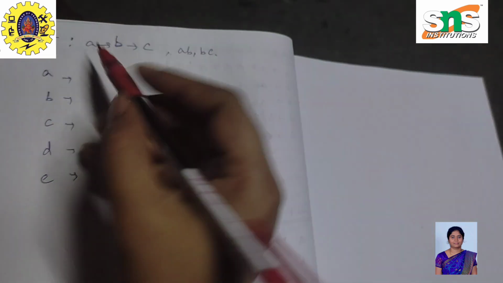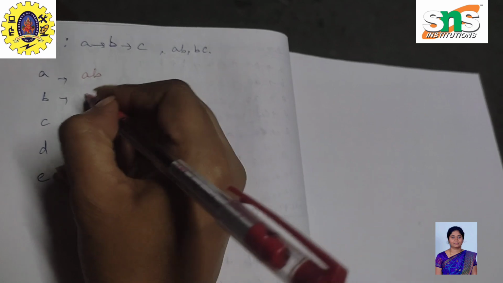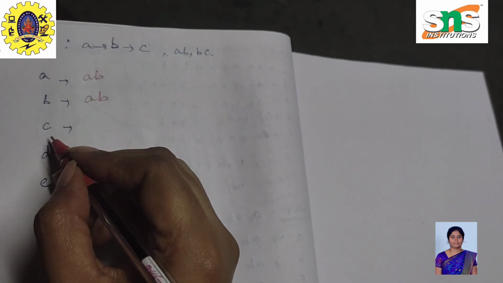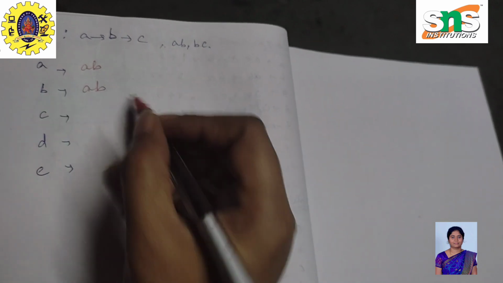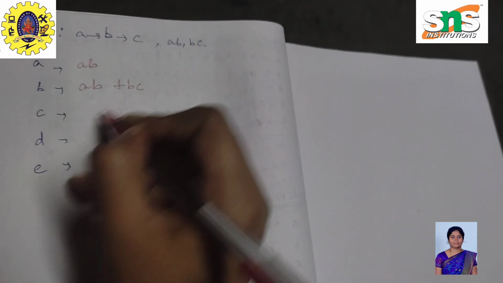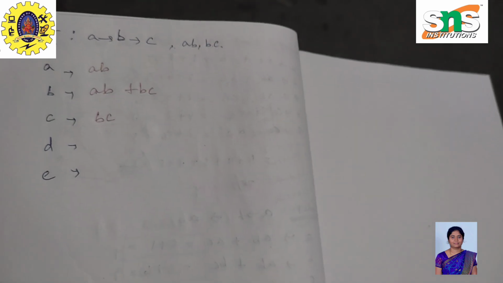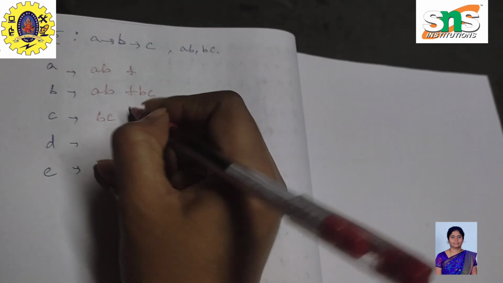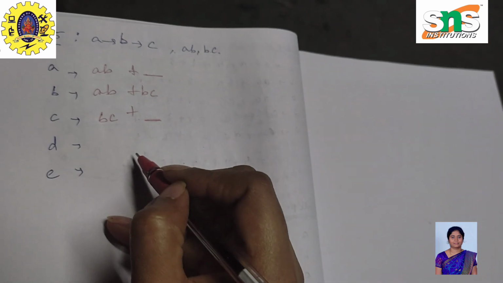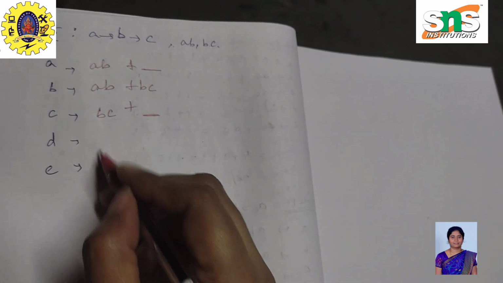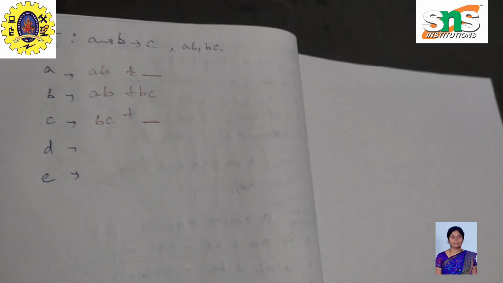So here for A, I can write AB, for B also AB, and then for B, I can write BC, for C also BC. The remaining values will be the next lowest value, and the remaining things, these two values, can be taken from the 0th node.